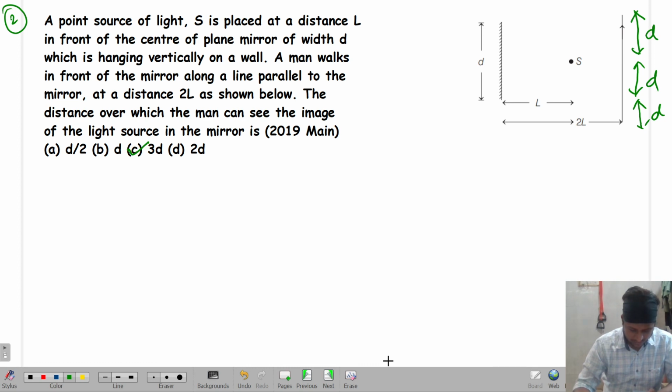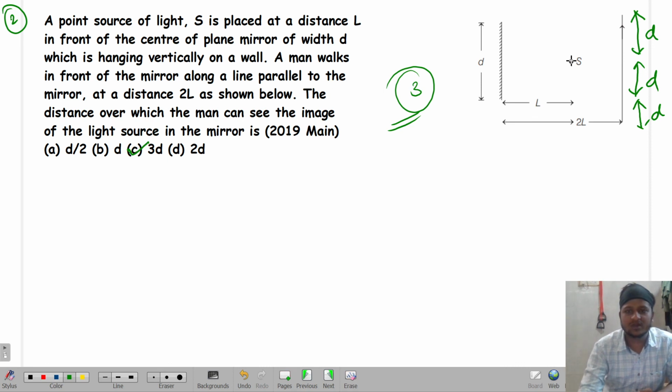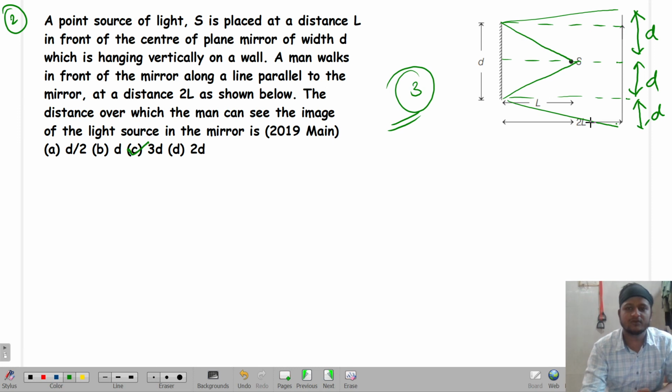So this question I have done already. You can refer to lecture number 2 or 3. Yes or no, Anuj? Can you solve this or not? For this point source, I'll get the light this way, and this will fall back over here. When you calculate it, this was the kind of formation you were getting.